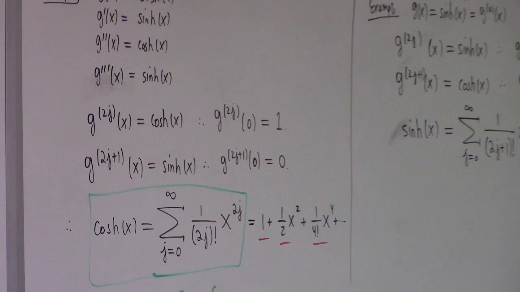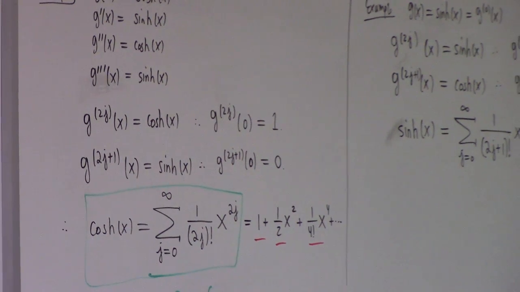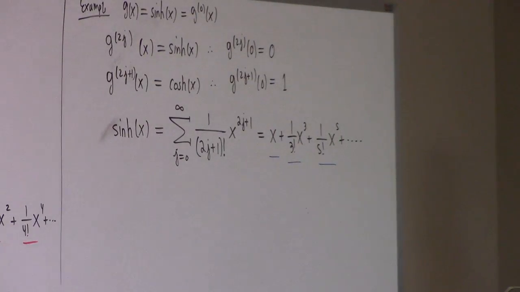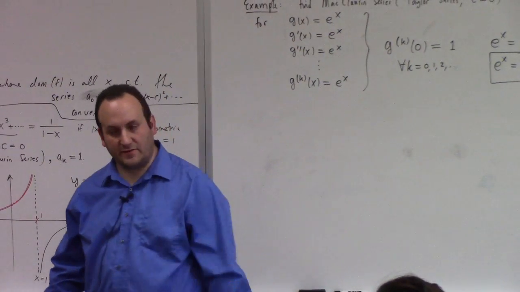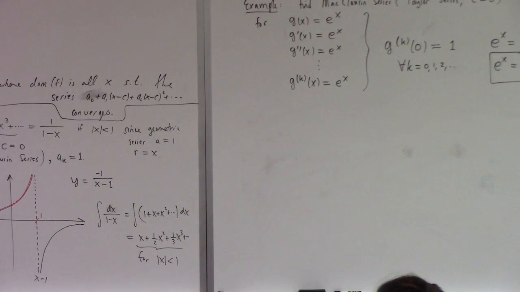A Maclaurin series for an even function will only have even powers appearing non-trivially. Sinh is an odd function. It has only odd powers appearing in its Maclaurin expansion. I haven't derived it yet. I erased it. But we were looking at sine a second ago. It had only odd powers appearing non-trivially because sine is an odd function. Let's get back to that now. And any questions about this observation?